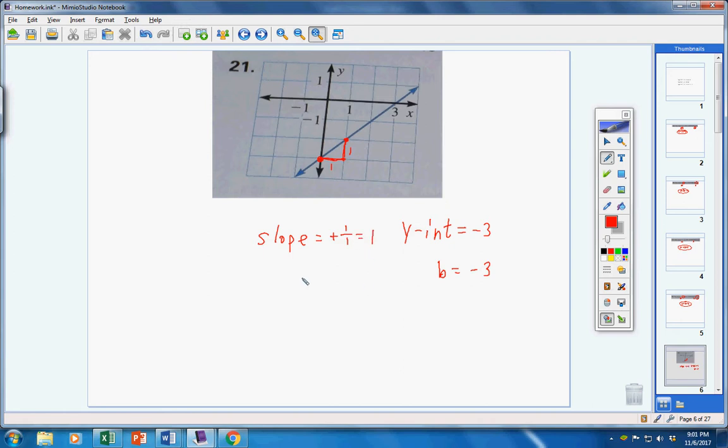So my slope is 1, or my m is 1. I know my slope and my y-intercept, so I write y, then equals, then my slope, then x, and then my y-intercept, which is negative 3.